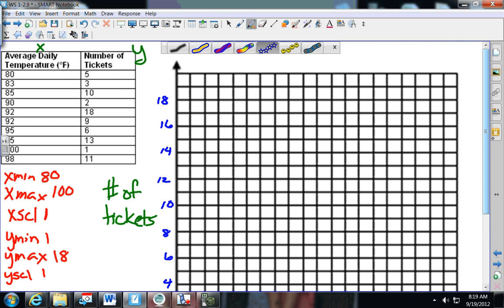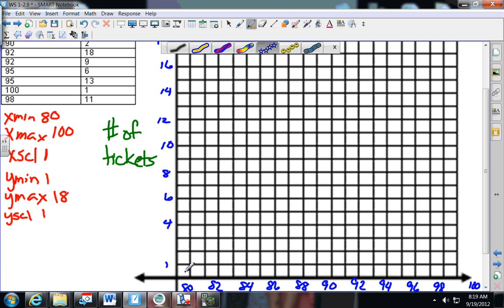I like my stars here. I have 80 and 5, so I'm going to go over here to 80, over 80, and up to 5, put a dot.